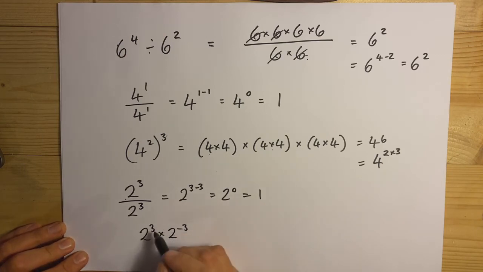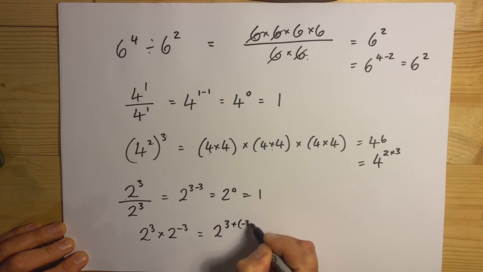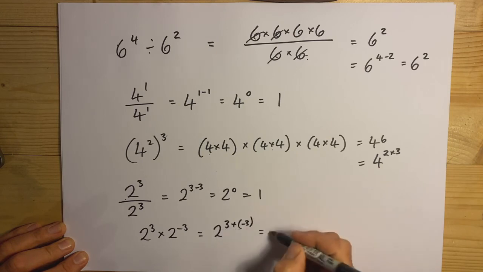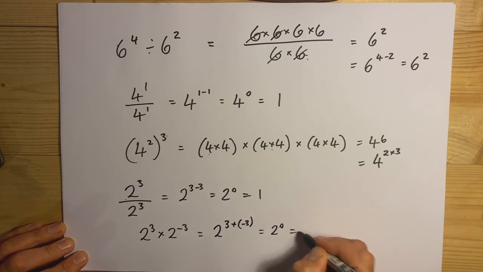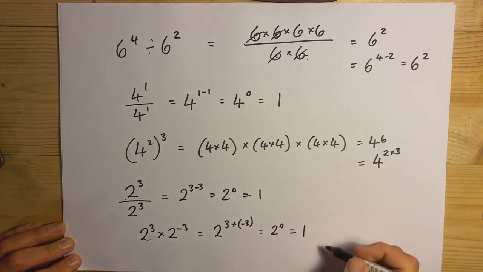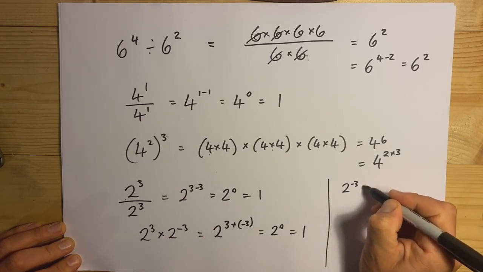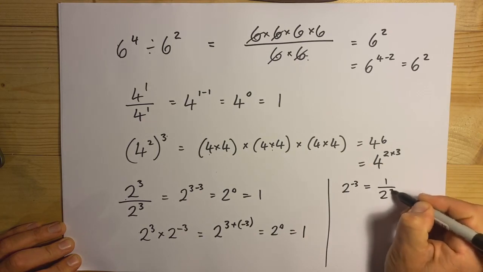Okay, so here if we apply our multiplying powers rule where we add them, that would be 2 to the power 3 plus minus 3, which is the same as 3 minus 3, which is 0, which is 1. So we come out with the same answer. So 2 to the power minus 3 is the same as 1 over 2 cubed.